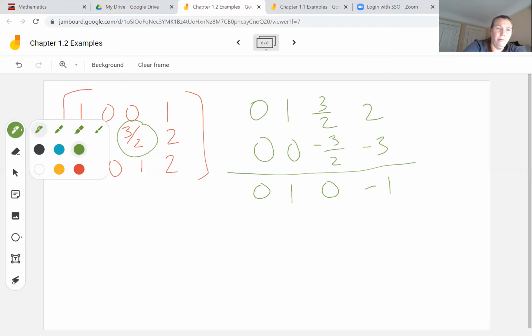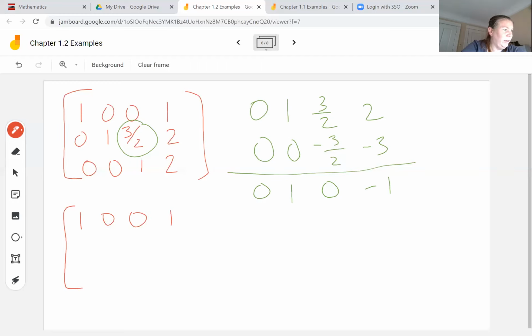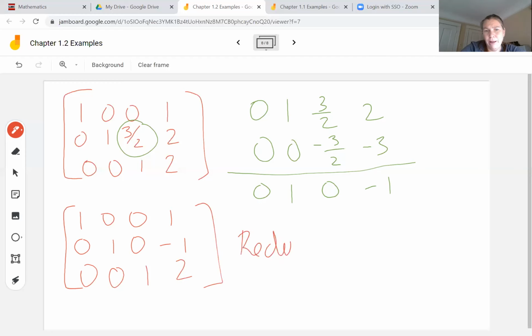So now our matrix is in this form: 1, 0, 0, 1. Our second row is 0, 1, 0, negative 1. And our third row is 0, 0, 1, 2. So phew, we are now in what is known as reduced row echelon form.